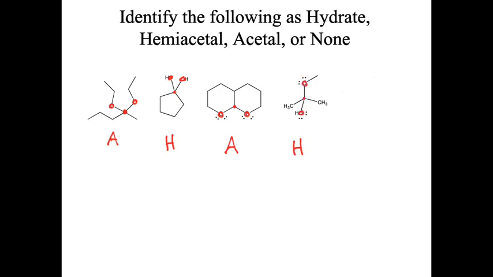If that oxygen continues out to a carbon, we have the potential for an acetal, but it needs to go out to two carbons, one on each side. We'll call that one A. The last one went out to a hydrogen. Because it went out to a hydrogen, we're now looking at a hemiacetal.